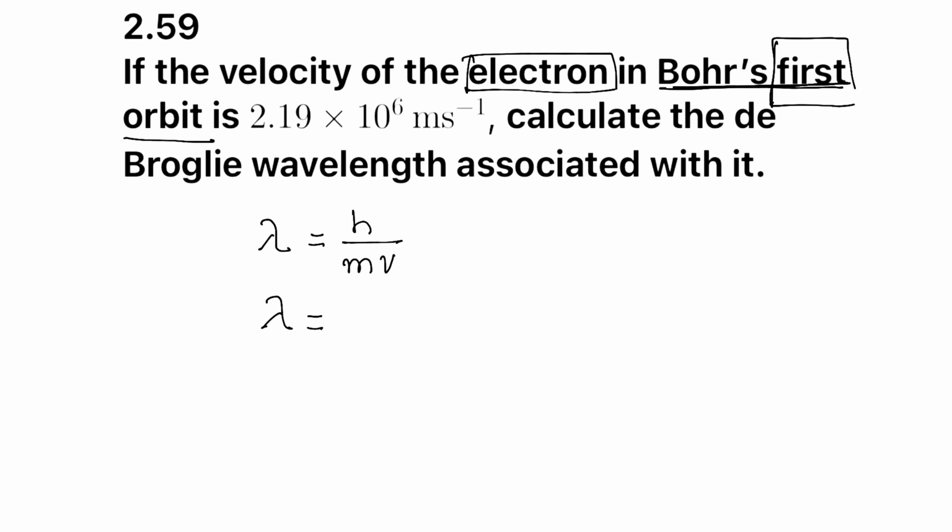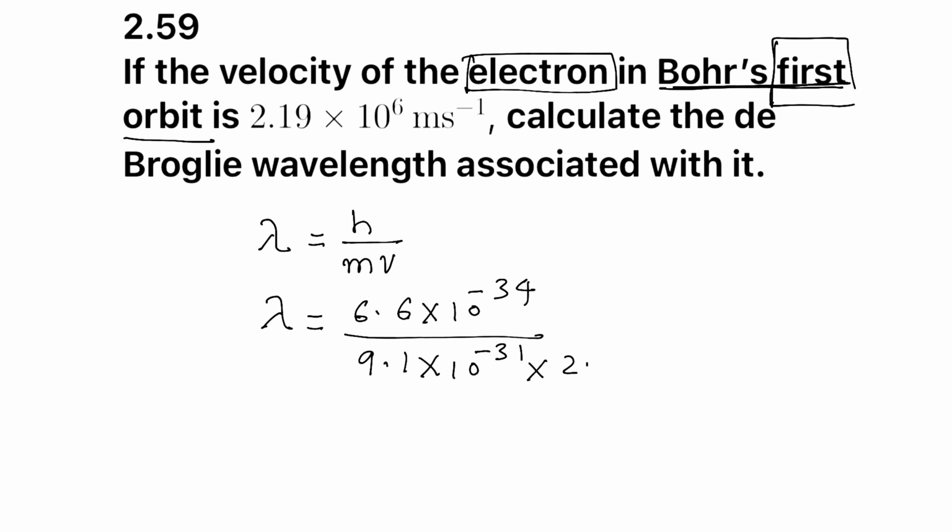You will go and use some equation which contain n. So no need. Direct. Lambda is equal to h, which is 6.6 into 10 raised to minus 34. Now mass of electron is 9.1 into 10 raised to minus 31, into the velocity 2.19 into 10 raised to 6.